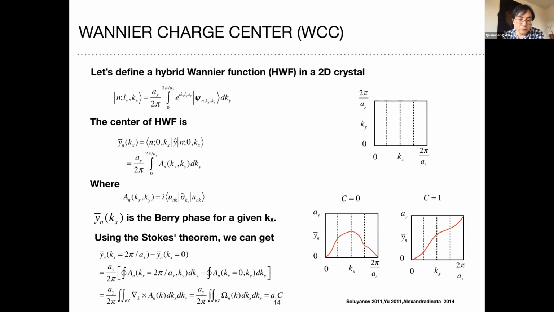The Wannier charge center is actually the same as the Berry phase, just a unit change by A1. So we can get the Wannier charge center by just calculating the hybrid Wannier function center as it evolves along some K direction. This is another way to calculate the Chern number.